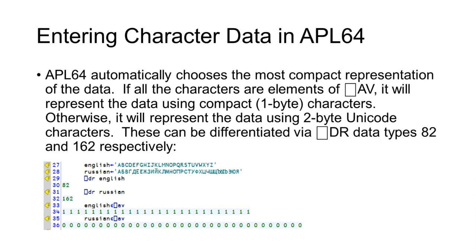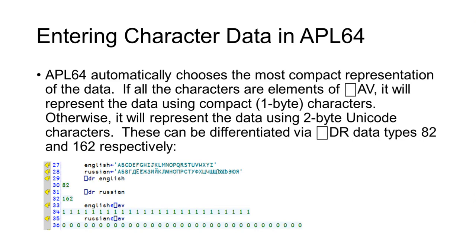There's an example here where I create the English alphabet and the Russian alphabet. Then I look at the quad DR of the English variable, which is 82, and of the Russian variable, which is 162.